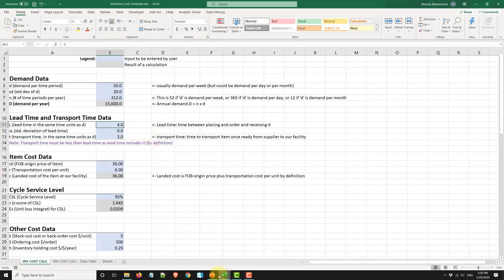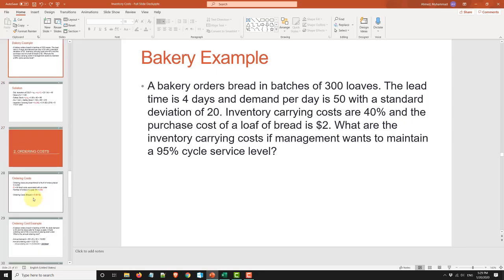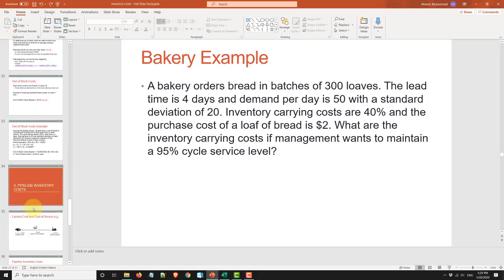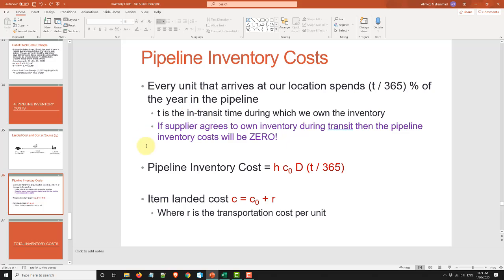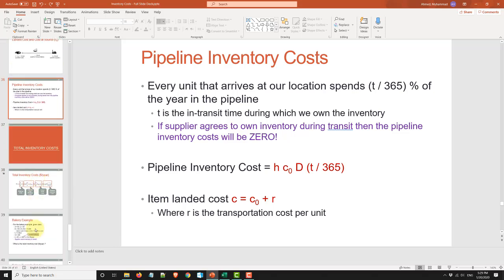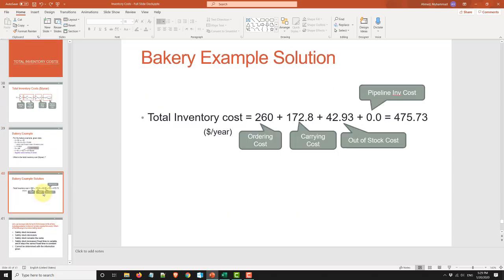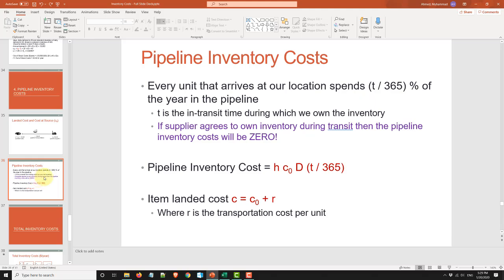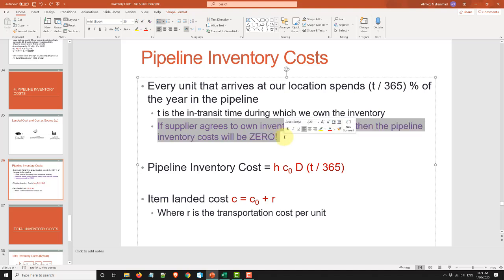Transportation time is, let's look at transportation time. In this case, the transportation time does not matter. Why? Because if the supplier agrees to own the inventory during transit, then the pipeline inventory cost will be 0 for us because the supplier owns the inventory.